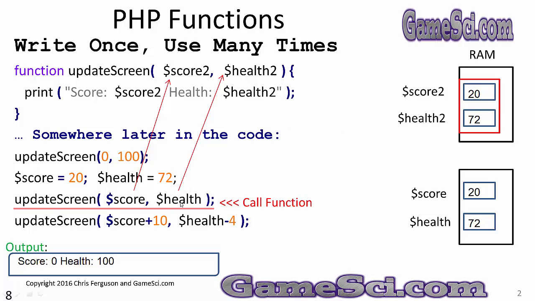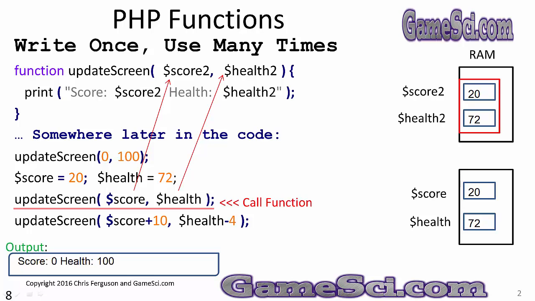The value in $health, 72, gets sent as the argument to $health2. Again, under the covers, this assignment is automatic. But notice here how the arguments down below were sent to the parameters up above with the red box around it. That is how it works.